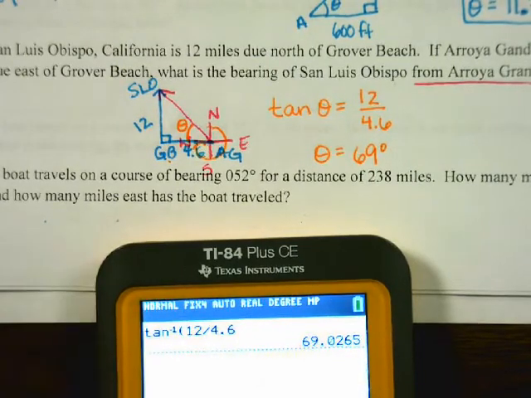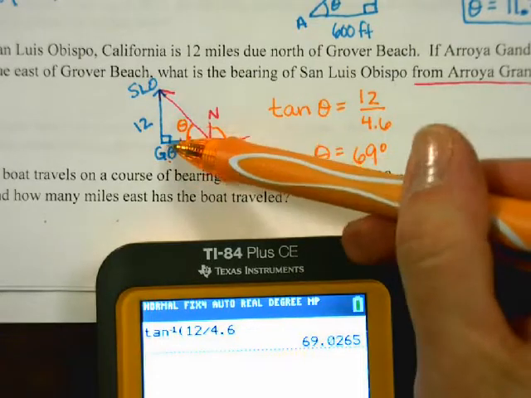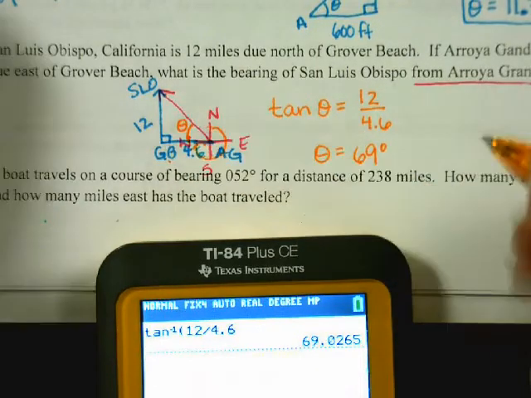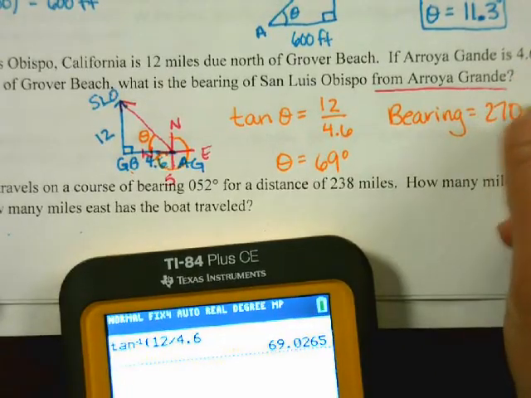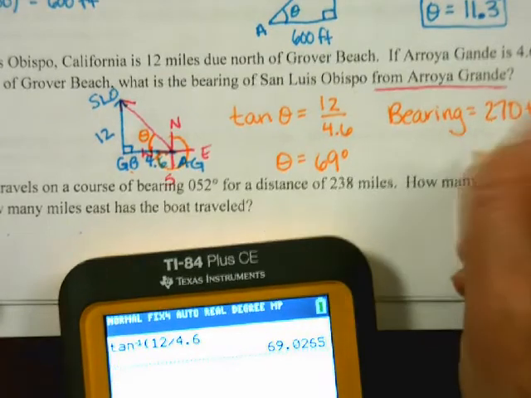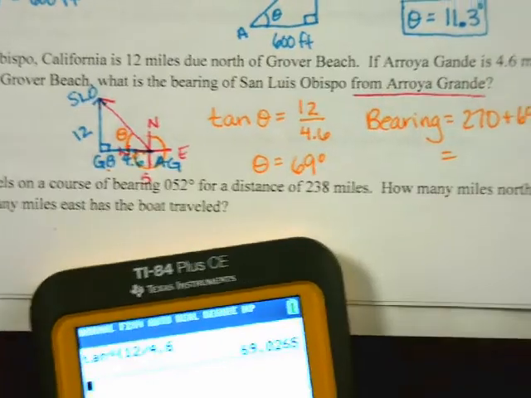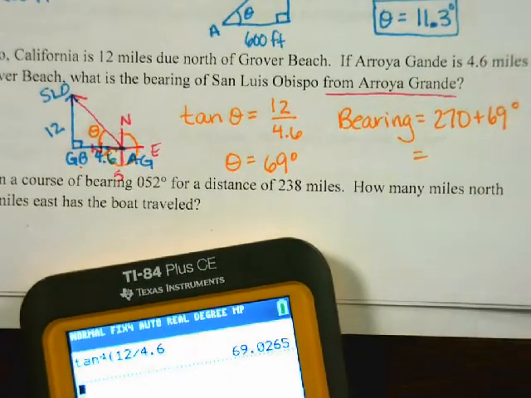So if I start and I aim due north and I go all the way around to 270, I'll get to Grover Beach, but I gotta go 270 plus that 69 degrees. So what's gonna be my bearing? Perfect.